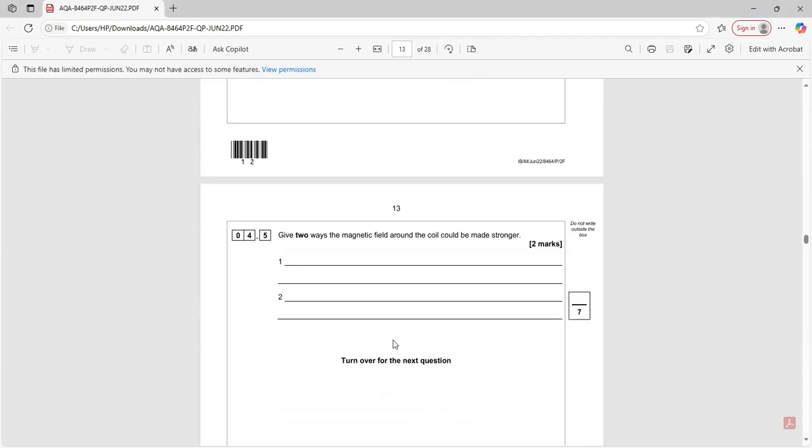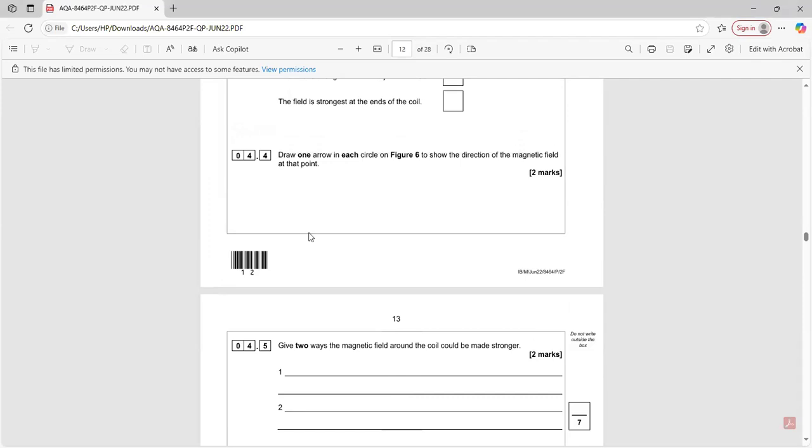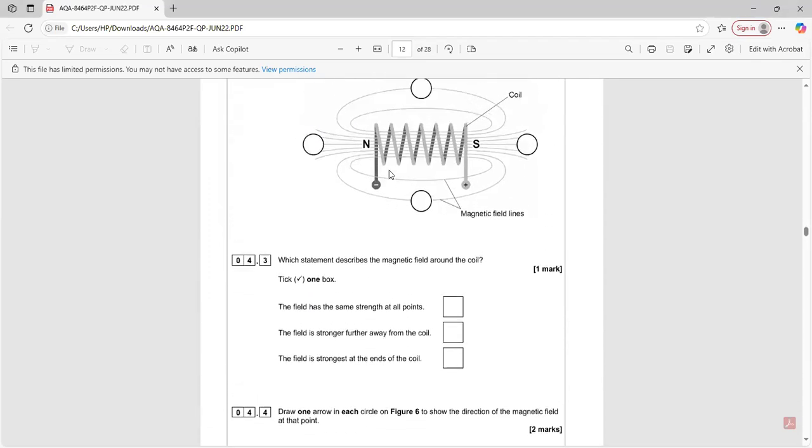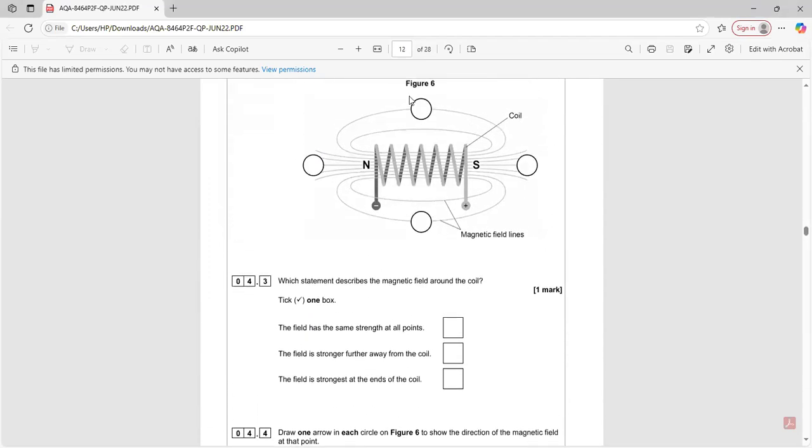Okay, so the last question on that one says, draw one arrow in each circle in figure 6 to show the direction of the magnetic field at that point. So if we were to draw an arrow, this is how it's going to look. Field lines go from the north into the south. The arrow will point in this direction for this one.